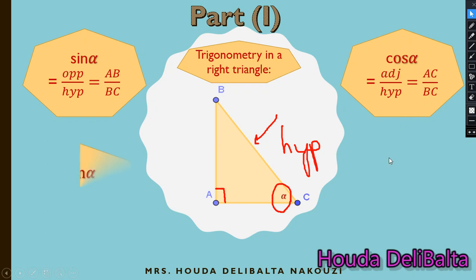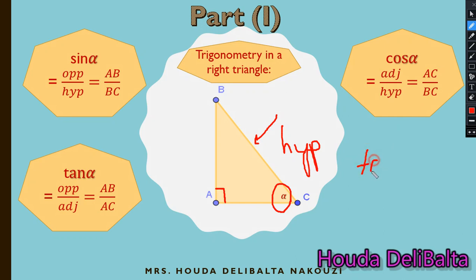Now, what about tangent alpha? The rule of tangent alpha is that it's equal to the measurement of the opposite side divided by the measurement of the adjacent side. Well, this rule comes from another rule that says tangent alpha is equal to sine alpha over cosine alpha.